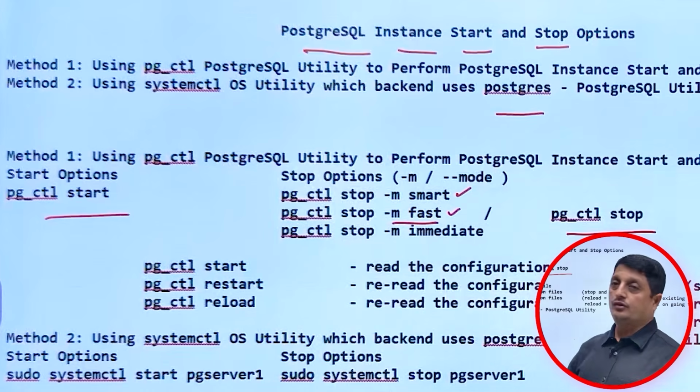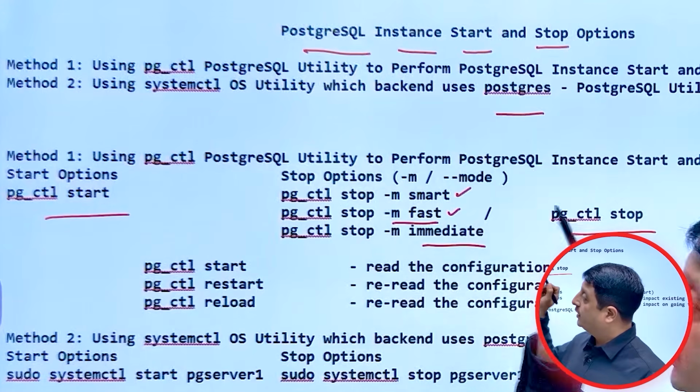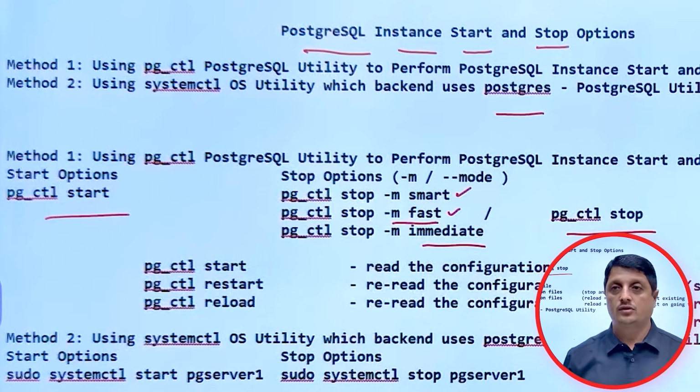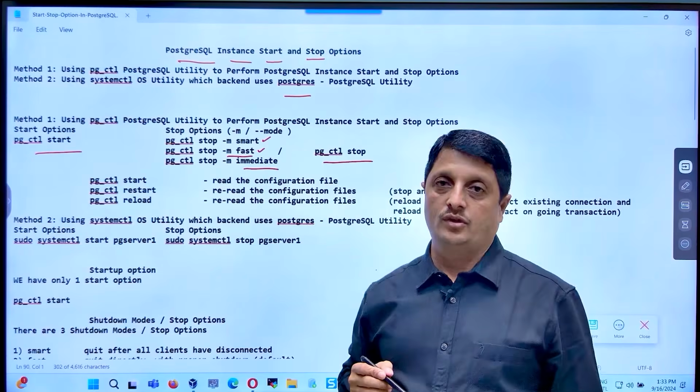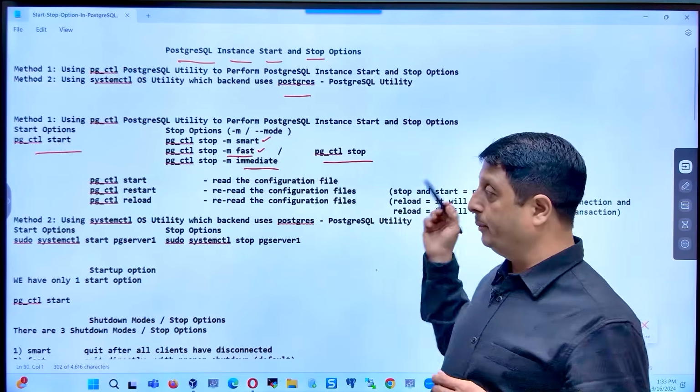The third one is PG_CTL stop with immediate. So if you compare with start, we have a single option. In the case of stop, we have three options based on the utility PG_CTL. So how do I do this practically? We will see one by one.